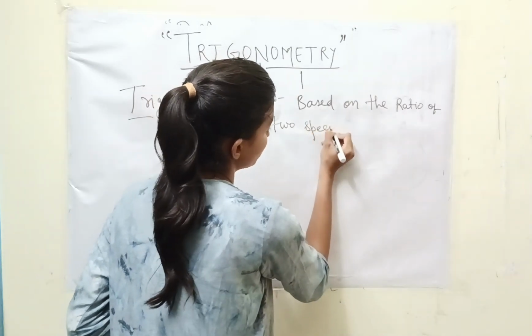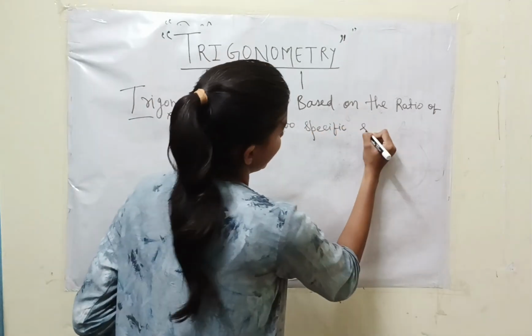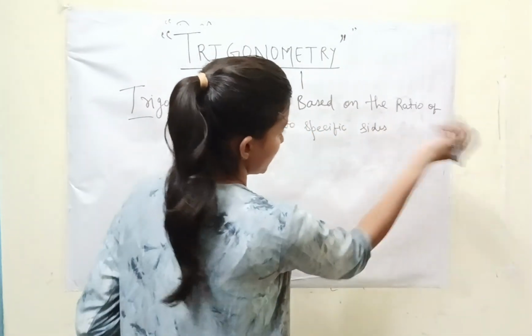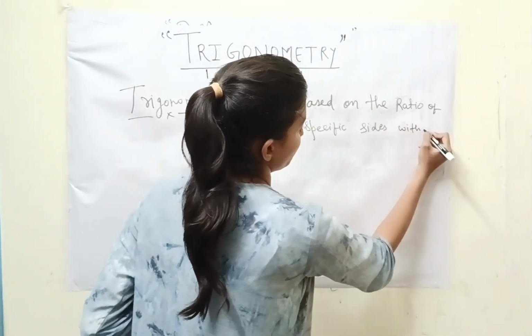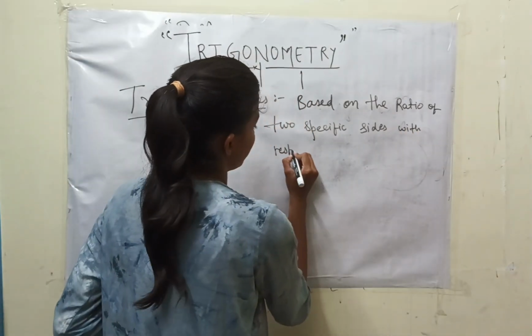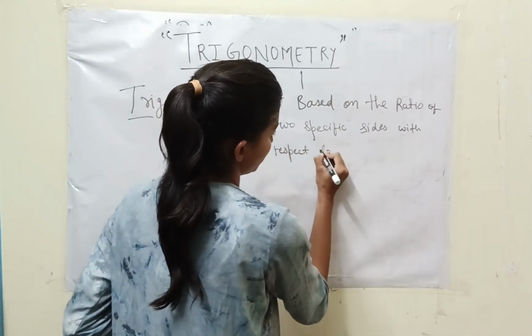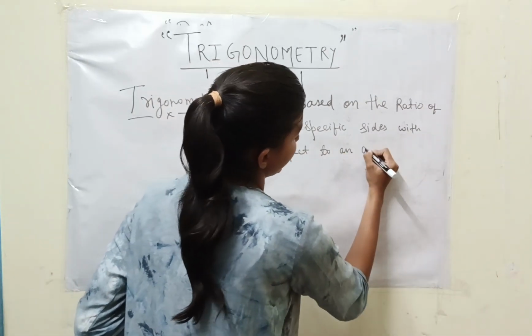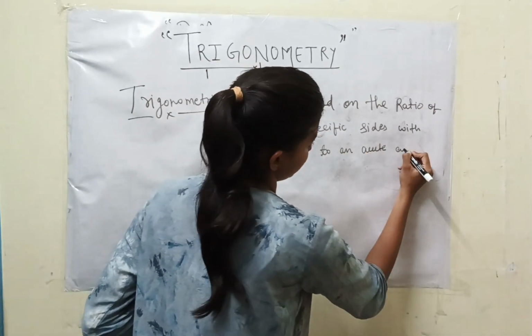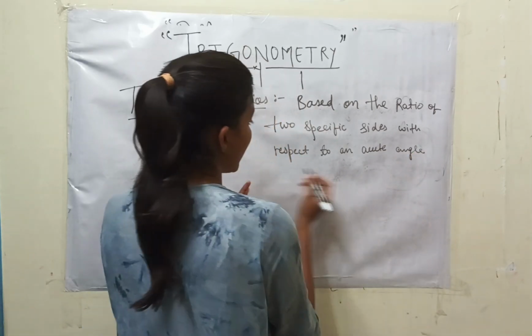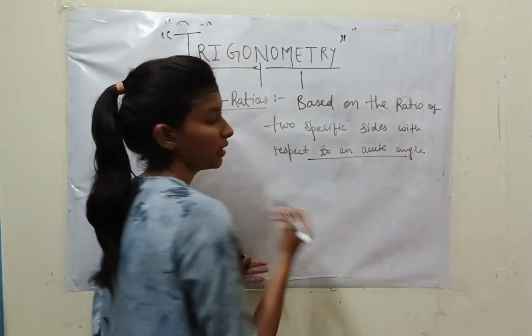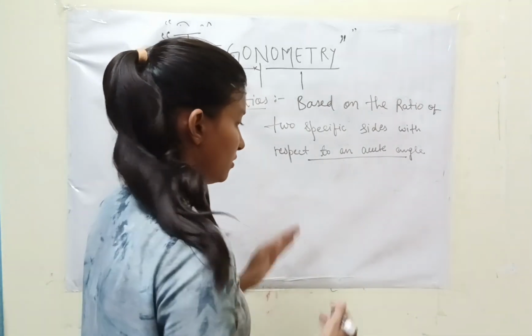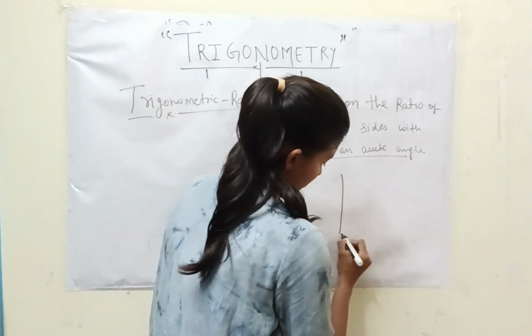Why am I using these specific sides? It will be cleared further in the lecture. Specific sides with respect to an acute angle. And why am I stressing this point, with respect to one angle? So here is the answer.